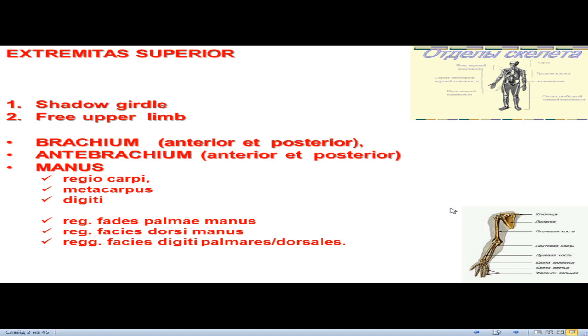Then the elbow, which we can divide into the anterior and posterior elbow, and then the forearm or antebrachial, which we can also divide into the anterior and posterior parts.